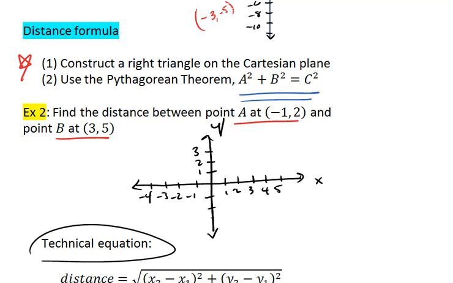And -1, 2, 3. Point A is at -1, 2. Point B is at 3, 5. Oh, we need to extend y up a little bit. Okay.